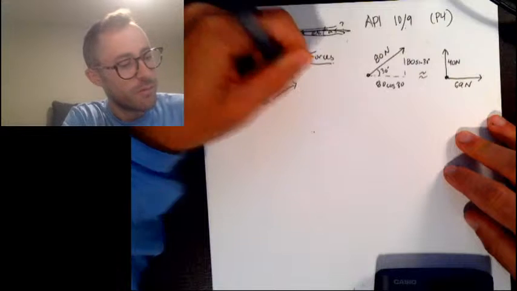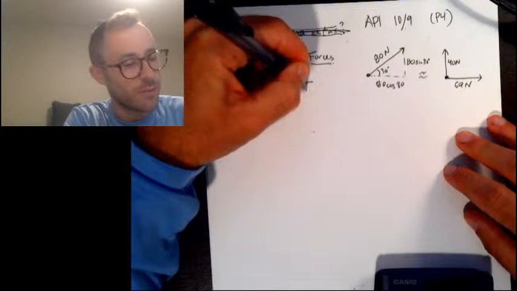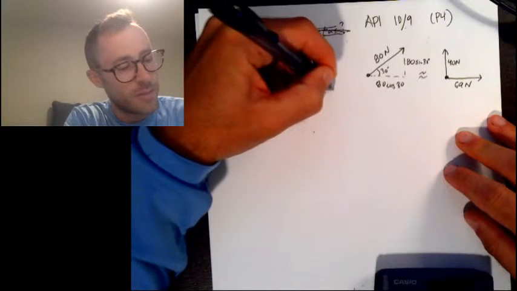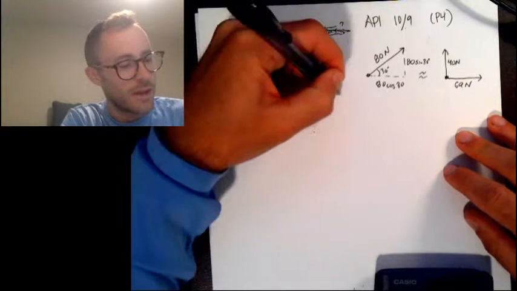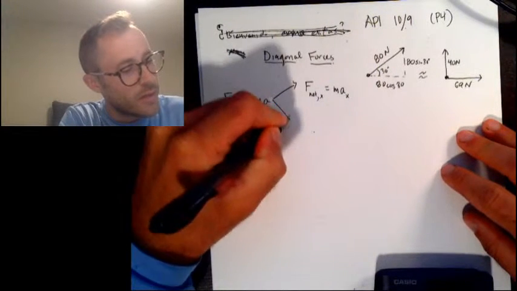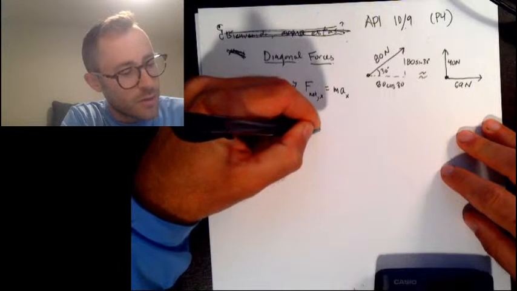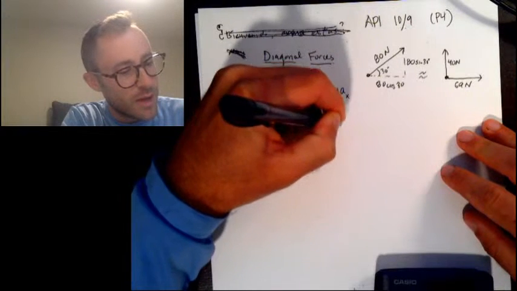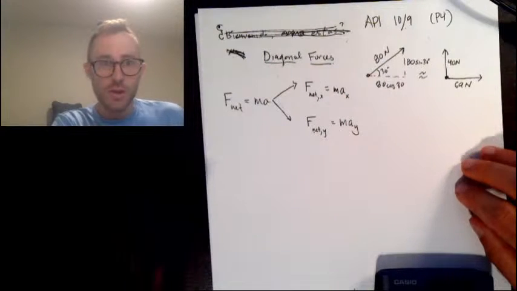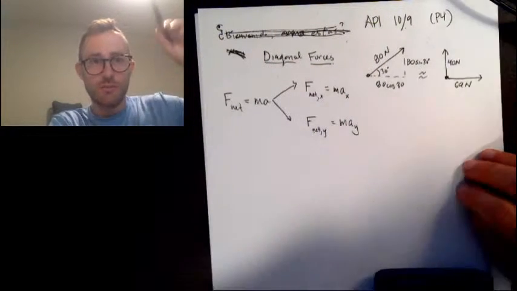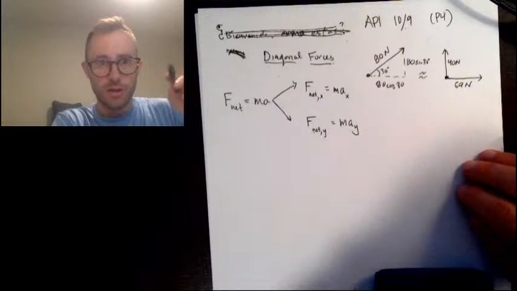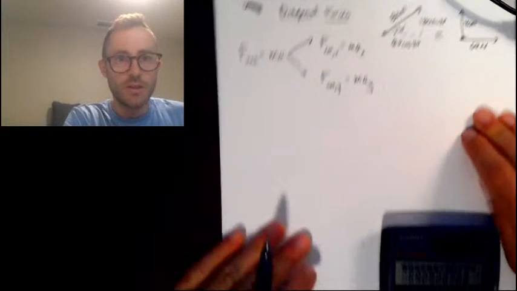The net force in the x direction is equal to m times a sub x, the x component of the acceleration, and the net force in the y direction is m times a sub y. So Newton's second law applies vertically and horizontally. We're going to see how that works in this example.